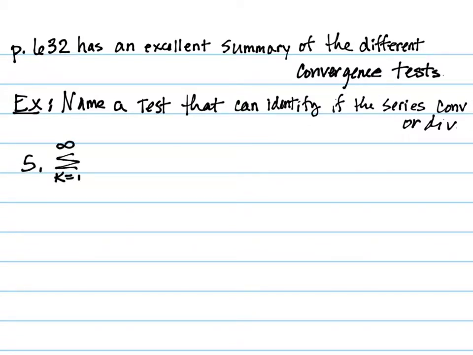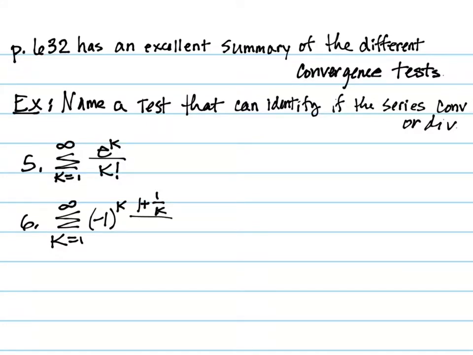Summation from k equals 1 to infinity of e to the k over k factorial. The summation from k equals 1 to infinity of negative 1 to the k times (1 plus 1 over k) to the k.